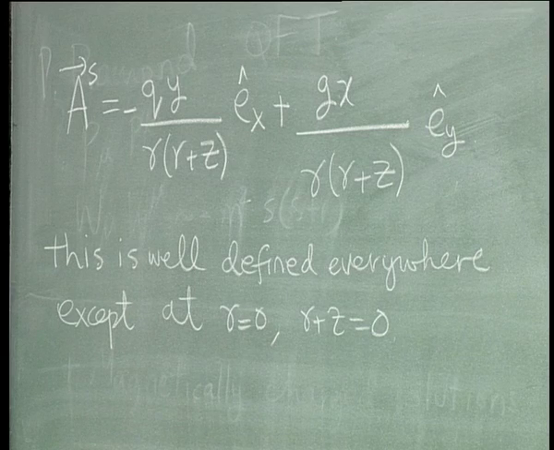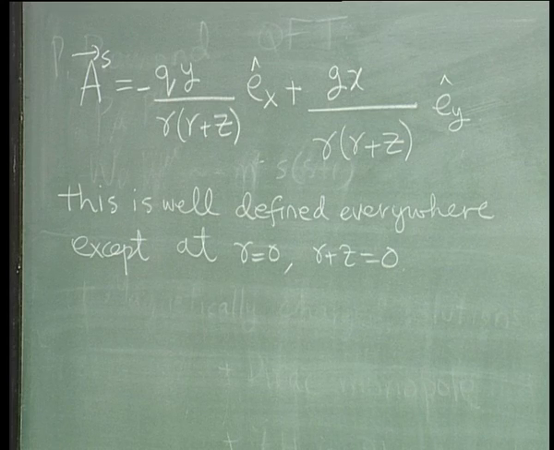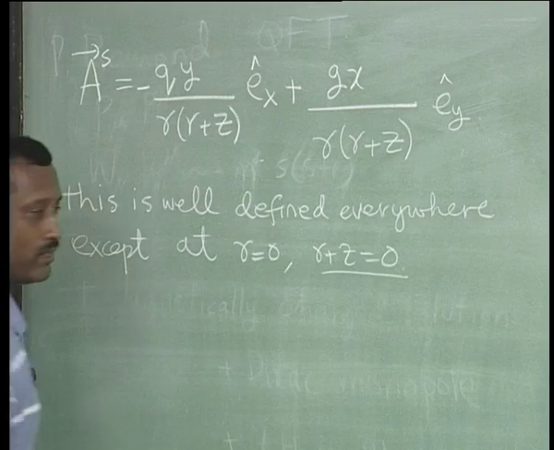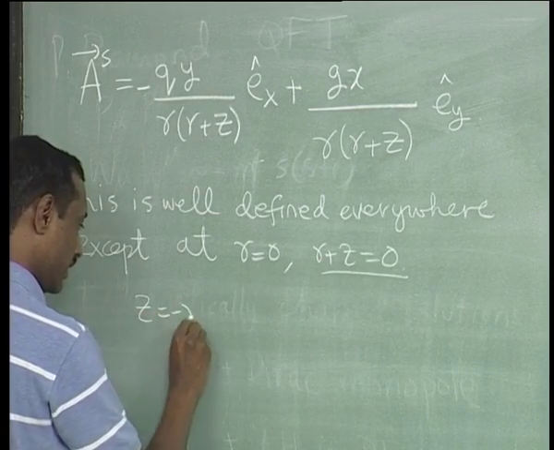These are the 2 points where it blows up. r equal to 0 is the origin, but we can live with that, we said we will delete that point. But this is the more important one: it blows up here, z equal to minus r.